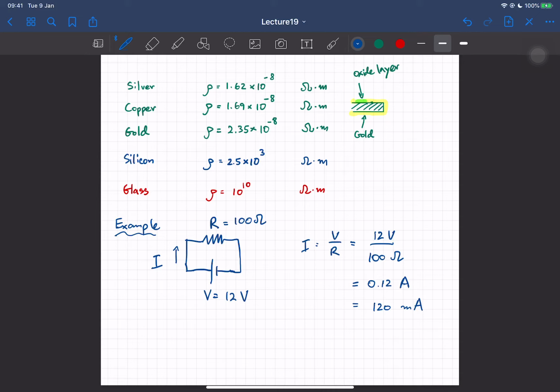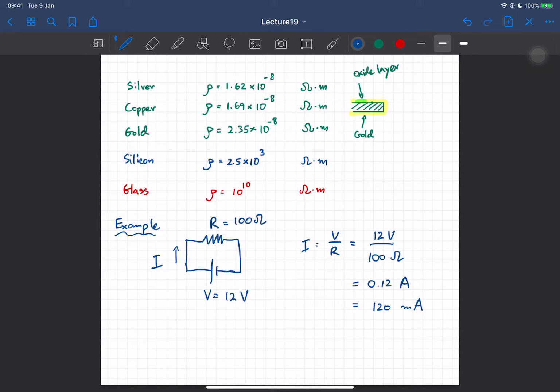All right. The other thing, which I'm going to quote again without proving, is that when you have current flowing through a resistor, it becomes hotter. That's true for any resistor, and we use this for things like an electrical boiler. This is called resistive heating. Essentially, anything you pass current through is going to heat up.